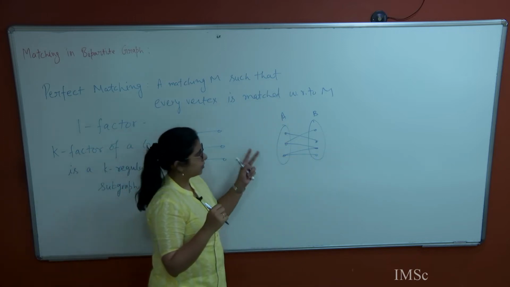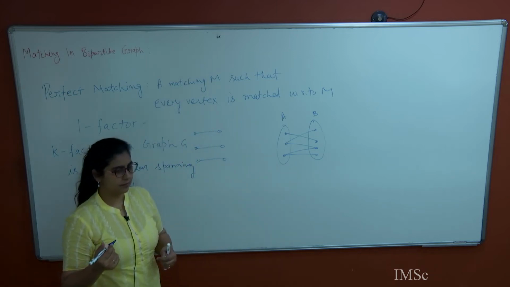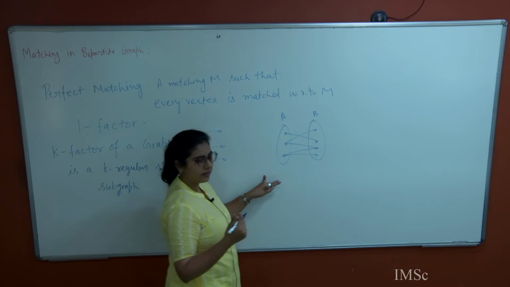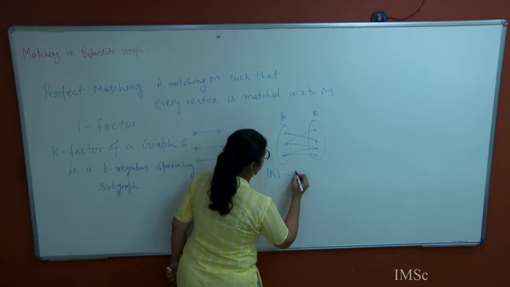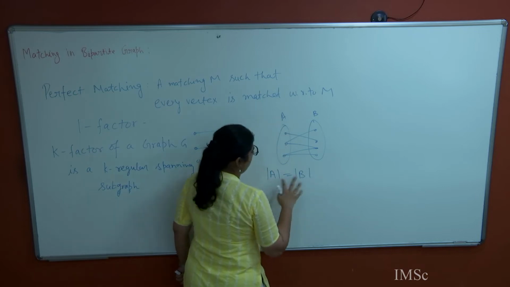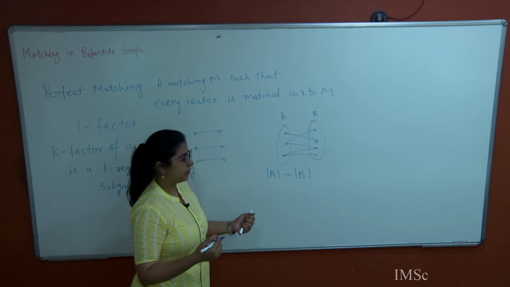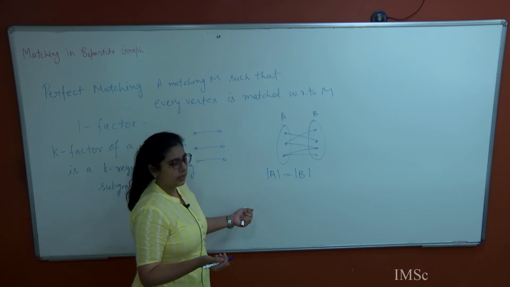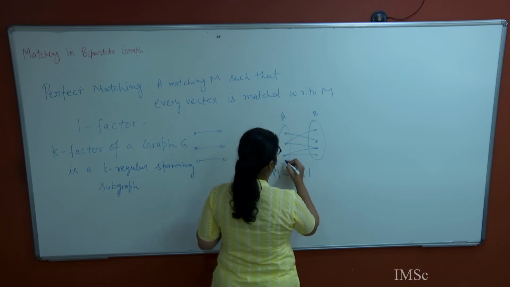For a perfect matching, what should be there? To have a perfect matching, at least the cardinality of A and the cardinality of B should be the same. So that is a necessary condition, but it is not sufficient.